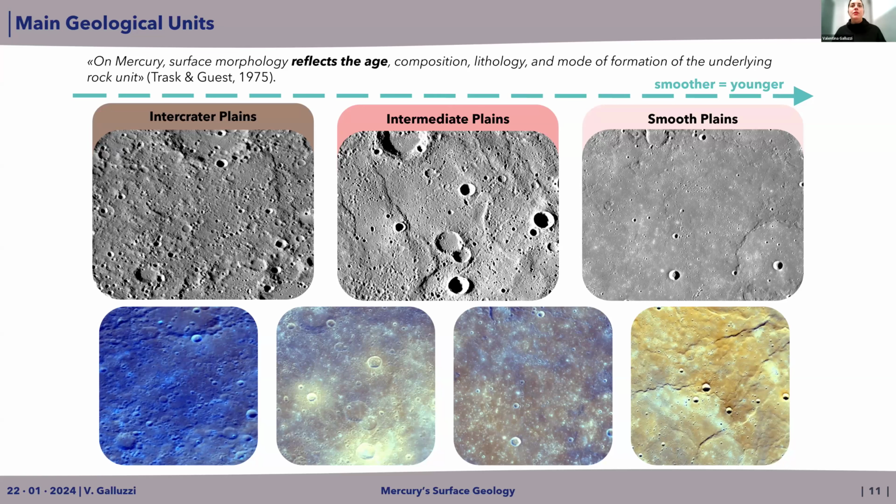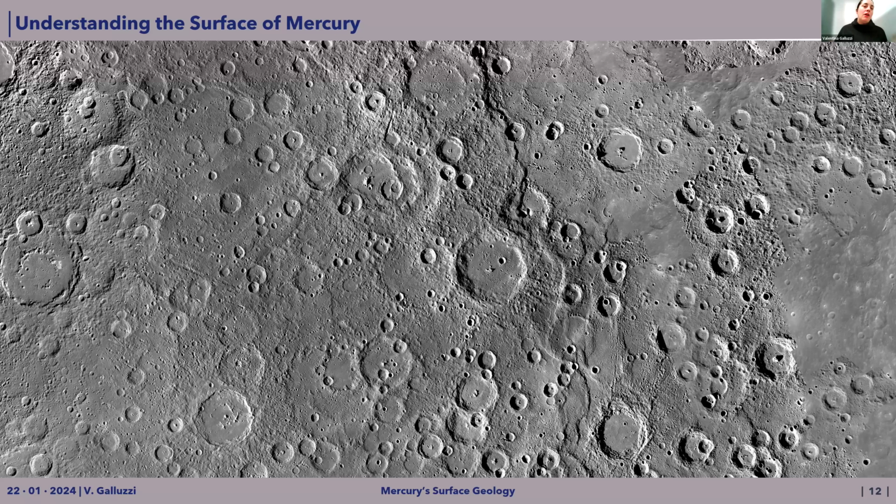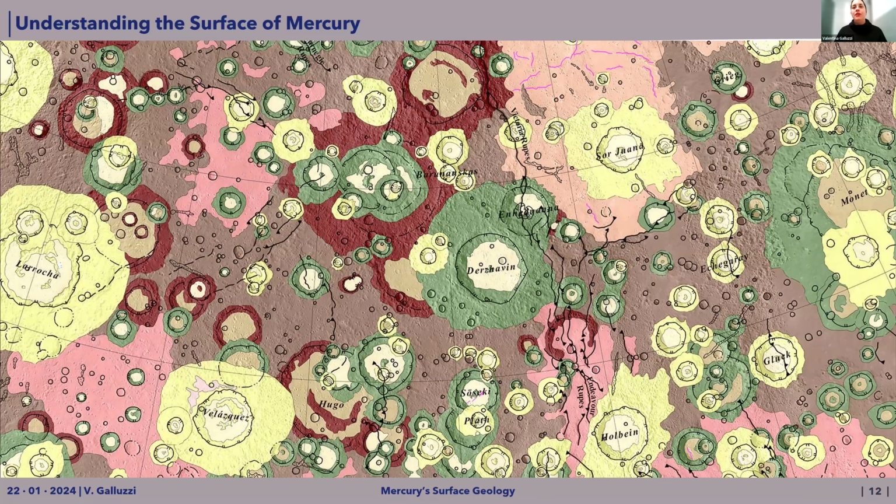So our group usually builds geological maps to understand the surface. We map these geological units that you have just seen, and then we classify craters just to have an idea of the order of the events. So we use these maps as a book to read the history of Mercury.